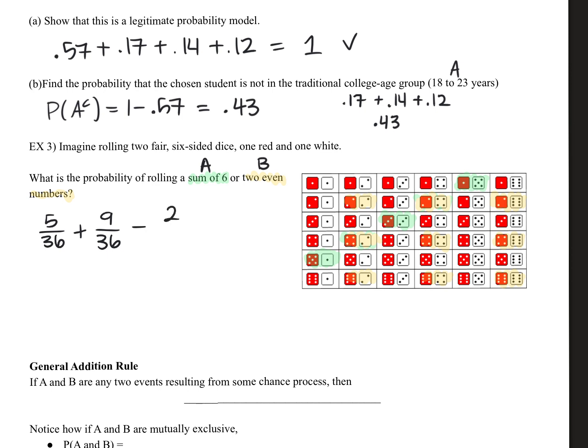So what I need to do is subtract the ones that are being counted twice, of which there are 2, which instead of giving me 14 out of 36, is now going to give me 12 out of 36, which can simplify to 1/3. So in this case, my events rolling a sum of 6 or two even numbers were not mutually exclusive.